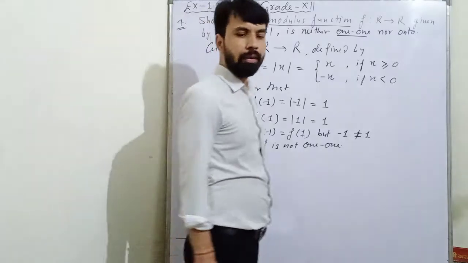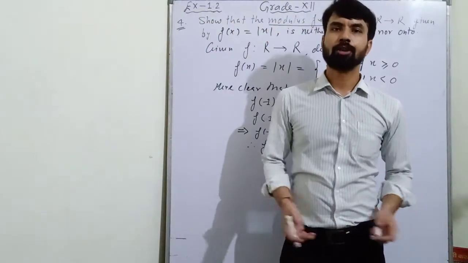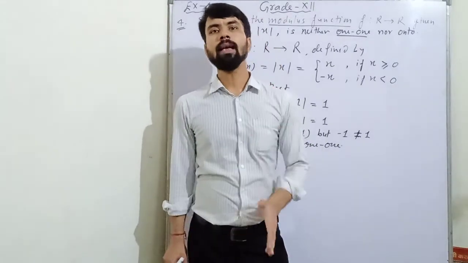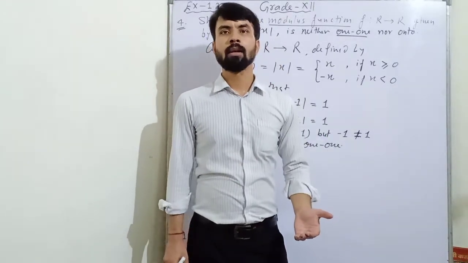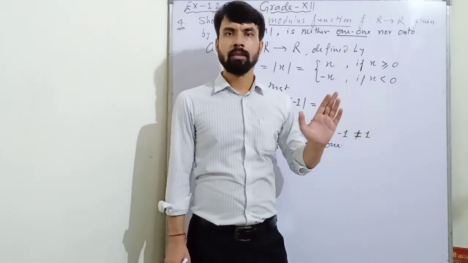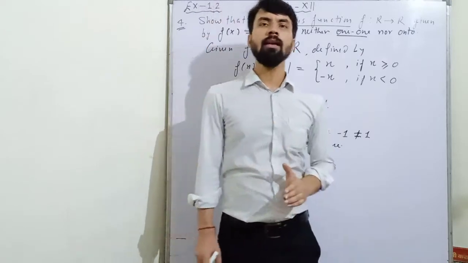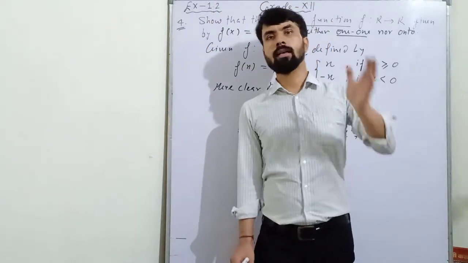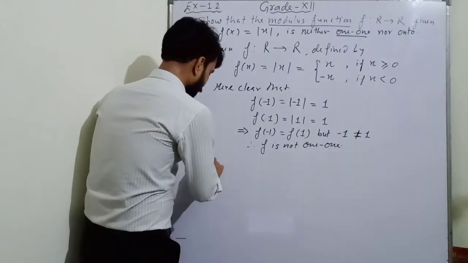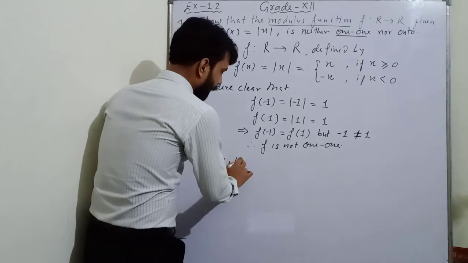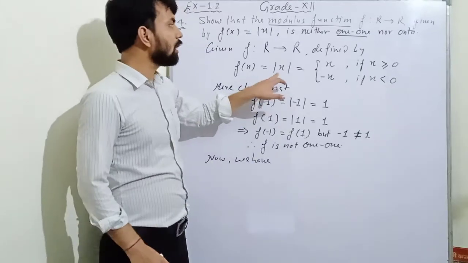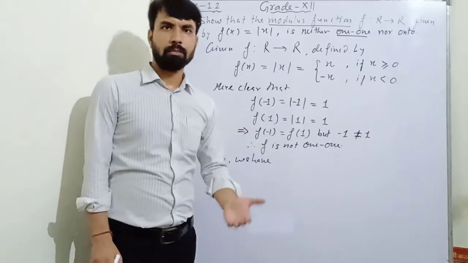Now we will talk about the onto function. What are onto functions? I told you that every element of its codomain must have its pre-image in its domain. That is, all elements of the codomain should have pre-images in the domain. Got it? Now what we know is that modulus x always gives positive numbers.